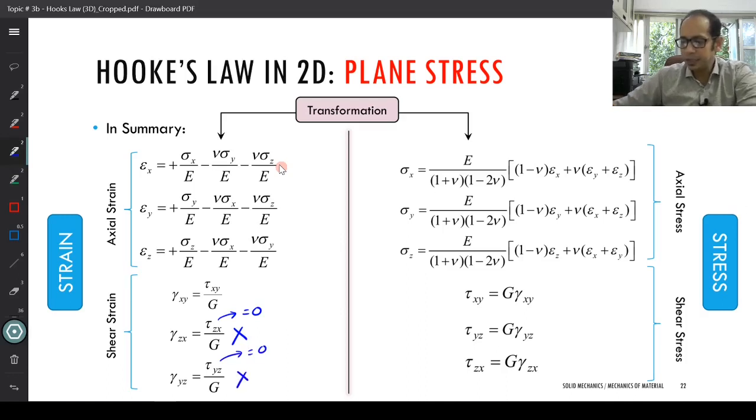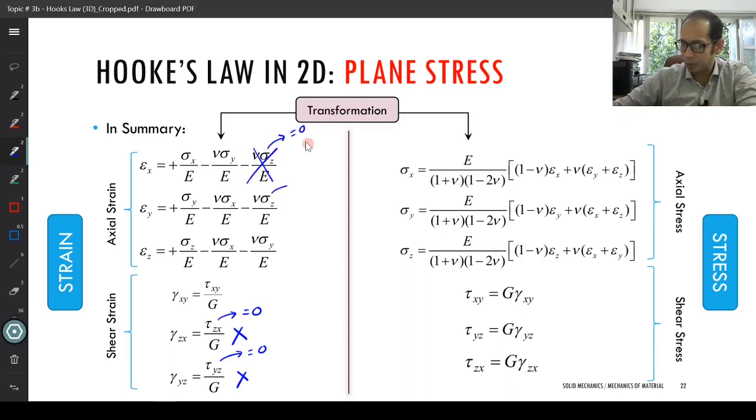And in these three equations over here, which component is going to vanish? Well, none of the strains are going to vanish, because the strains depend upon the stresses in the other directions. So only within these equations, that particular component which only depends upon the sigma z is going to vanish, because my sigma z, remember, equals 0. So here this component is going to vanish, right?